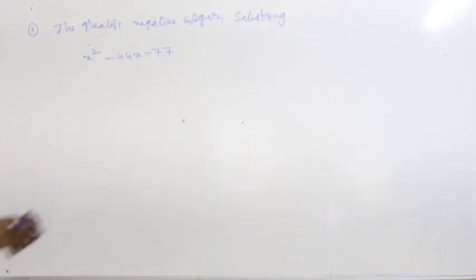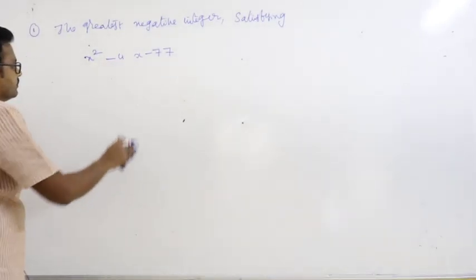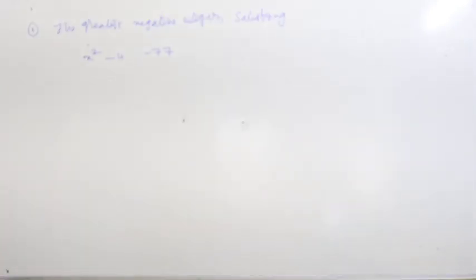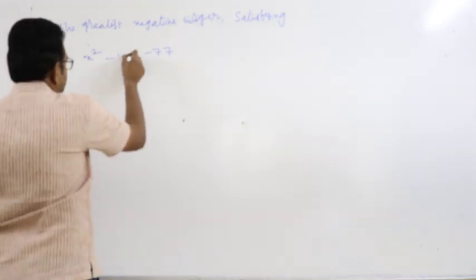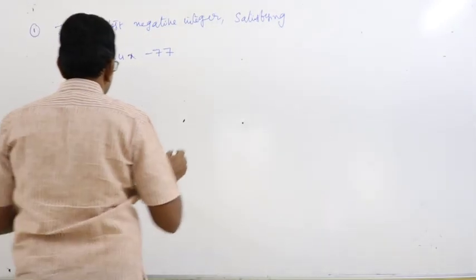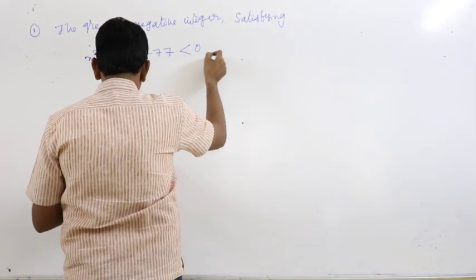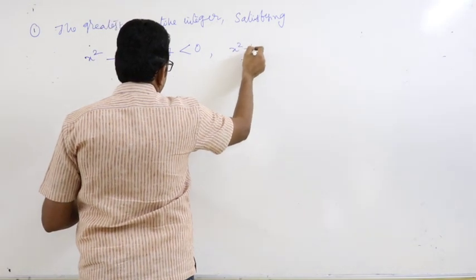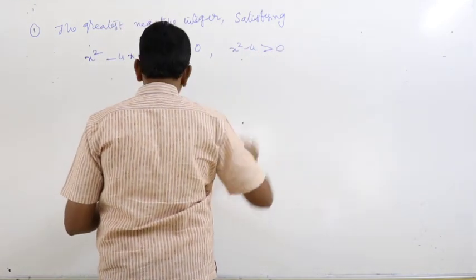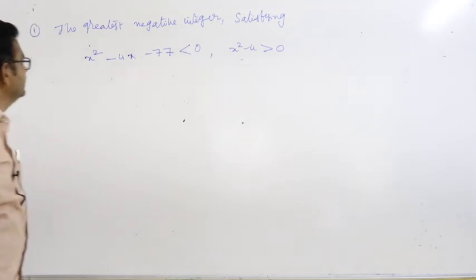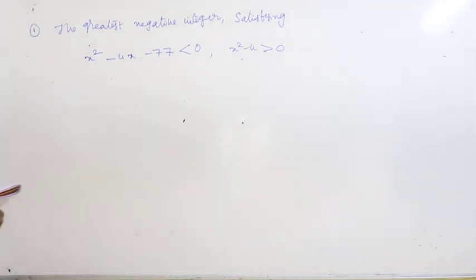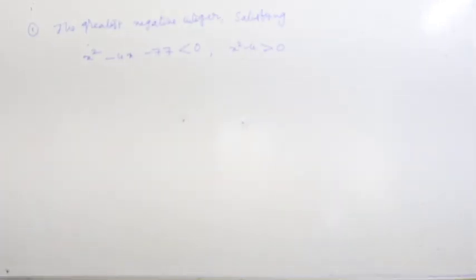Sorry, it is 4x only. x square minus 4x minus 77 is less than 0 and x square minus 4 is greater than 0. Find the greatest negative integer satisfying.